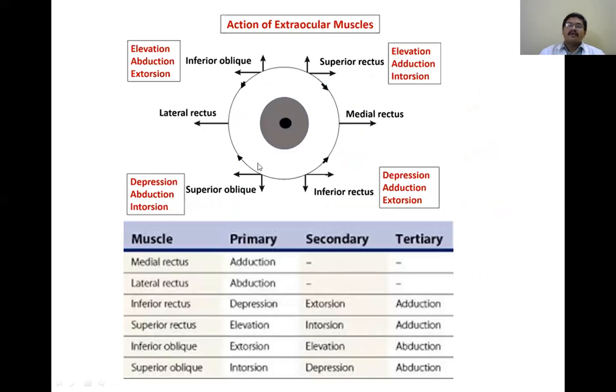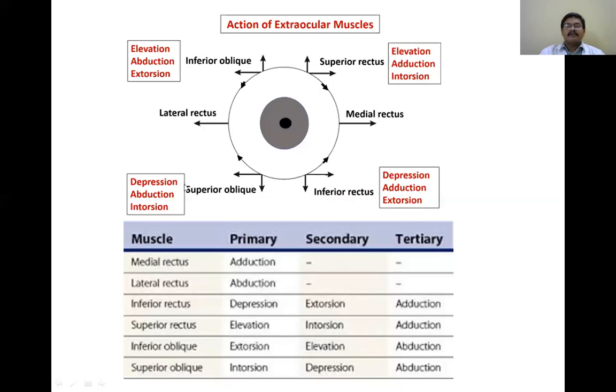This is the way the lateral rectus causes abduction, the medial rectus causes adduction, the superior rectus causes adduction, elevation and intorsion, and the inferior rectus will cause depression, adduction and extorsion. If you see the inferior oblique, it causes elevation, abduction and extorsion.